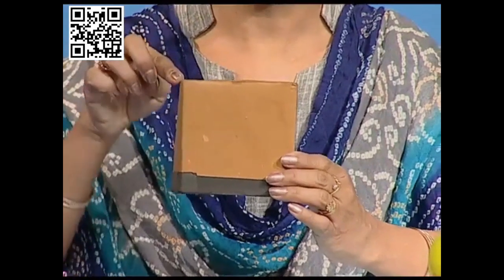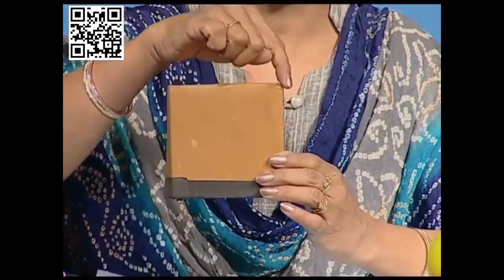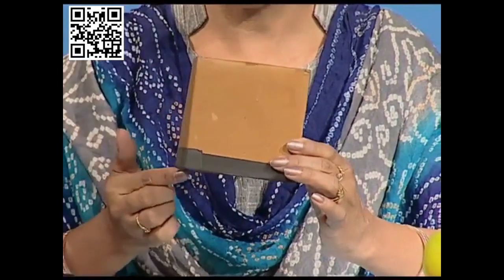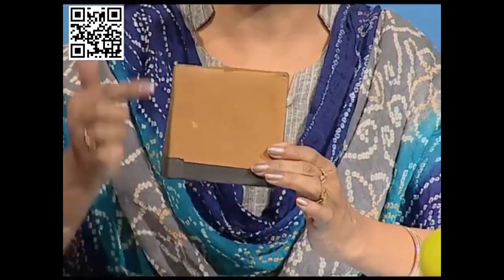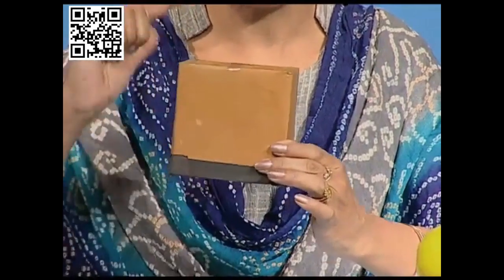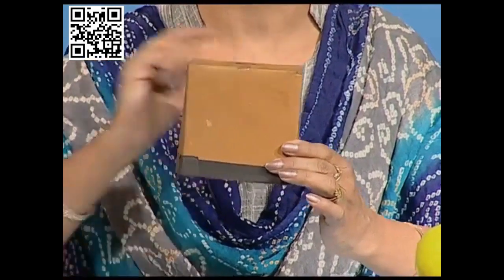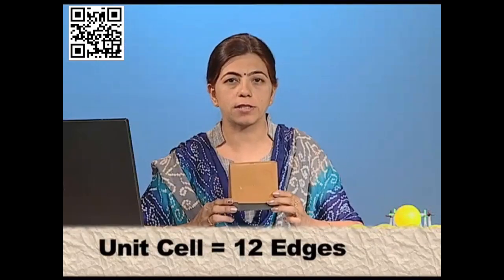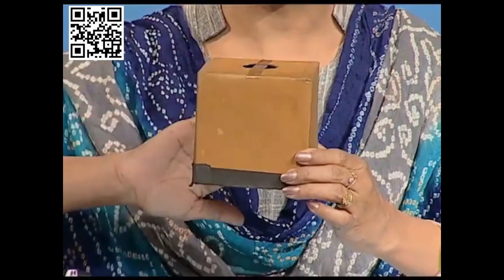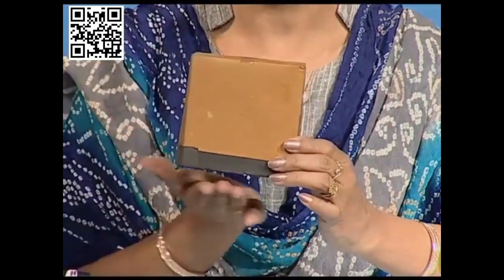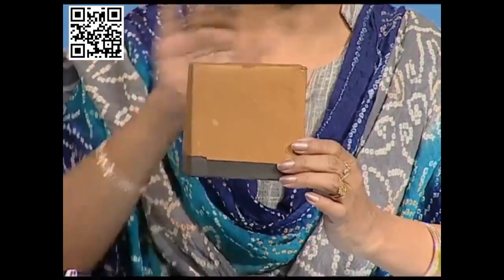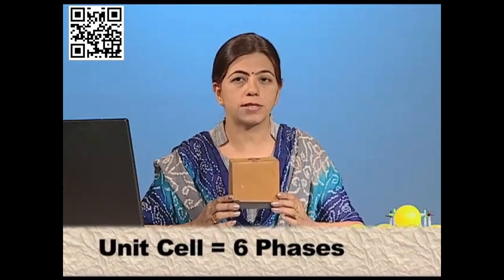Let's count the edges. 1, 2, 3, 4, 5, 6, 7, 8, 9, 10, 11 and 12. There are 12 edge lengths. Now see how many faces there are. 1, 2, 3, 4, 5 and 6. There are 6 faces in a unit cell.